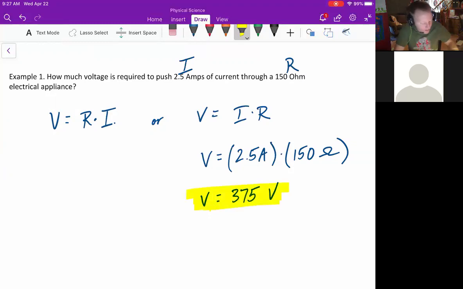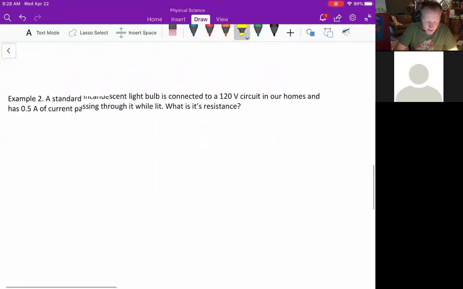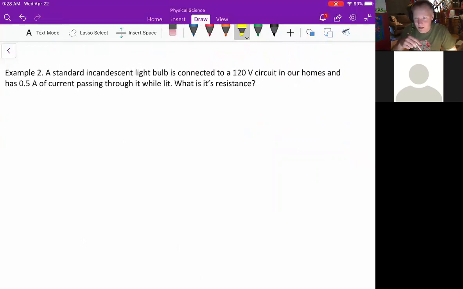Okay, on to our next question. Good. Question 2, example 2. A standard incandescent bulb, this is the one with the filaments in it, that is connected to a 120 volt circuit in our homes, has 0.5 amps of current passing through it while it's lit. What is its resistance?